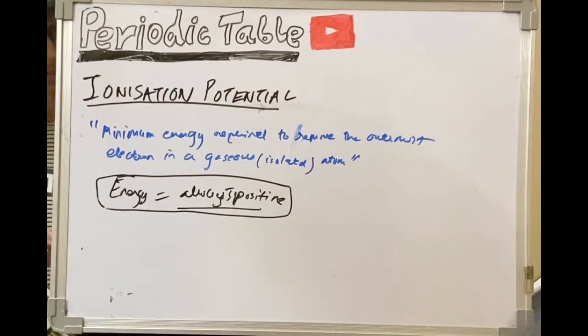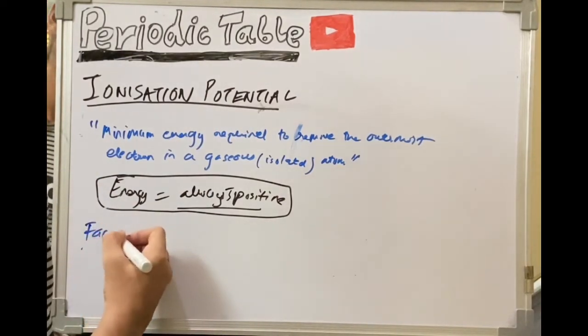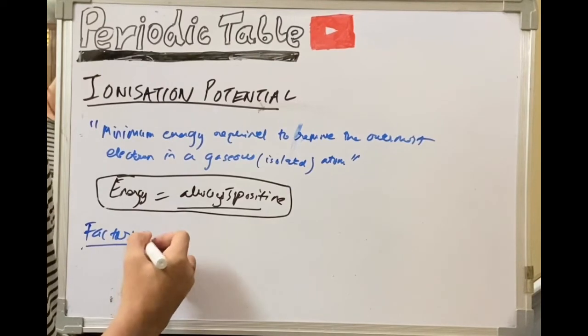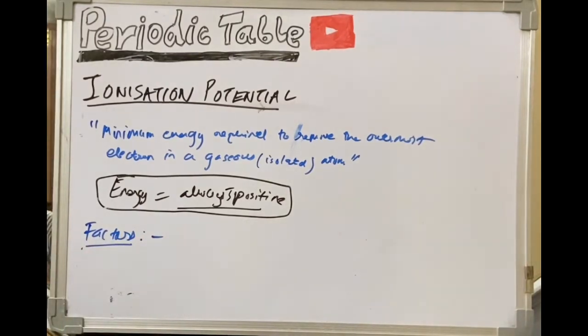Now when we come to the factors, what do you think it will be with the atomic radius? As the atomic radius will be less, the electrons will require more energy to escape the vicinity of the effective nuclear charge.